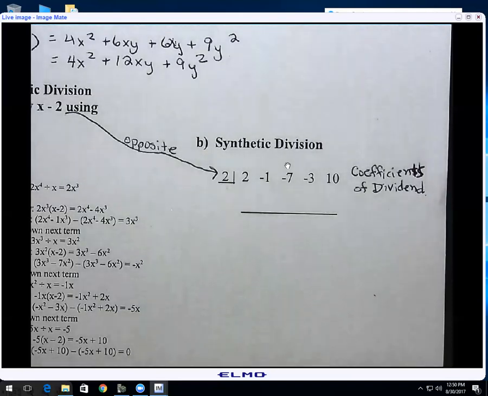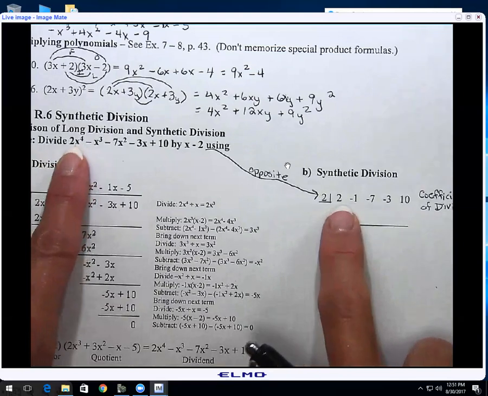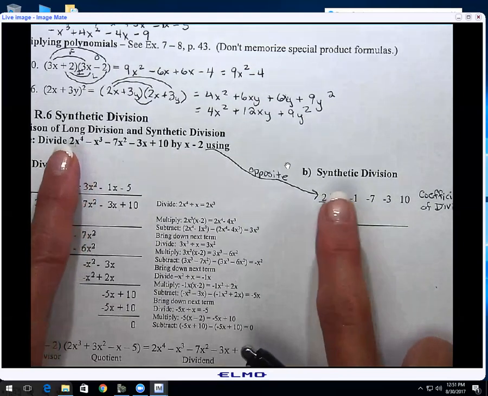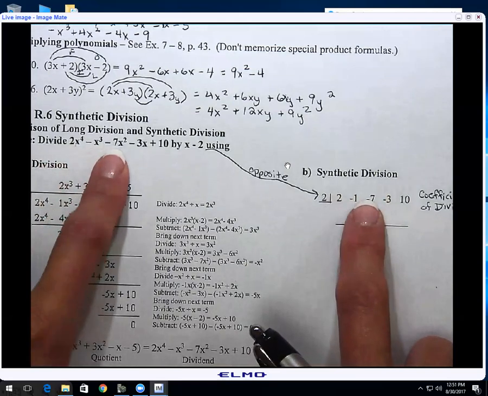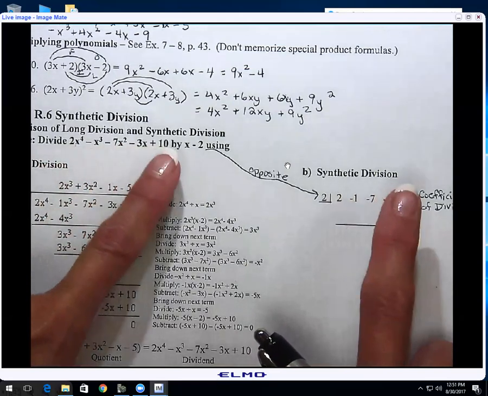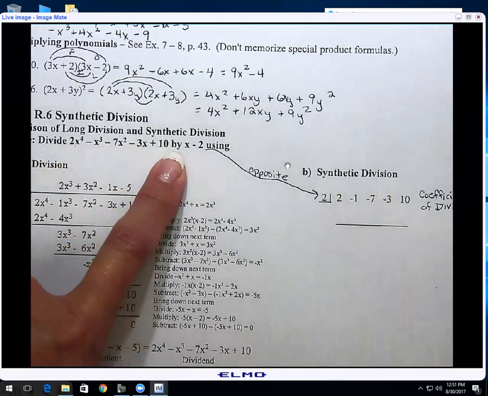I have to zoom out just a little bit so you can see both of them at once, but then I'll zoom back in so it'll be bigger for you. The coefficients of the dividend are 2, -1, -7, -3, +10. So that's what goes on the line beside the box.